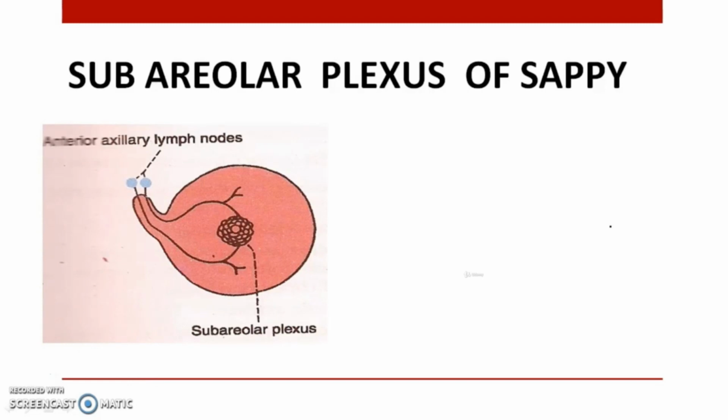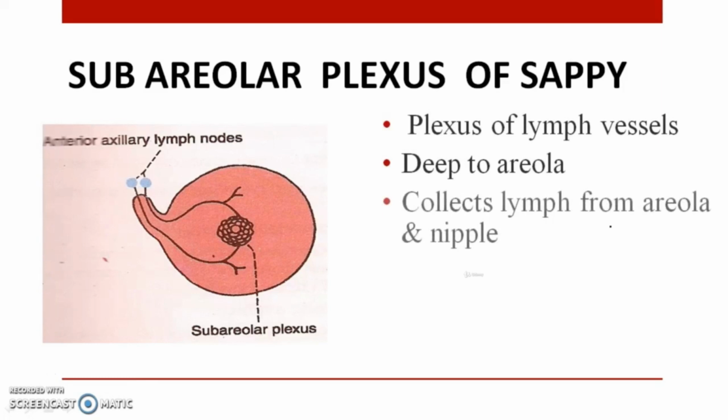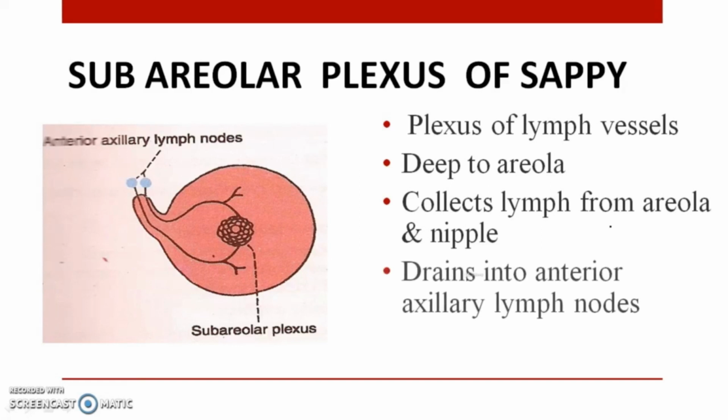The importance of this subareolar plexus is that this plexus of lymph vessels, present deep to the areola, collects the lymph from the areola and nipple region. It is the same as the venous plexus which we saw before, the venous plexus in the areola region, which radiates and is drained into different veins.